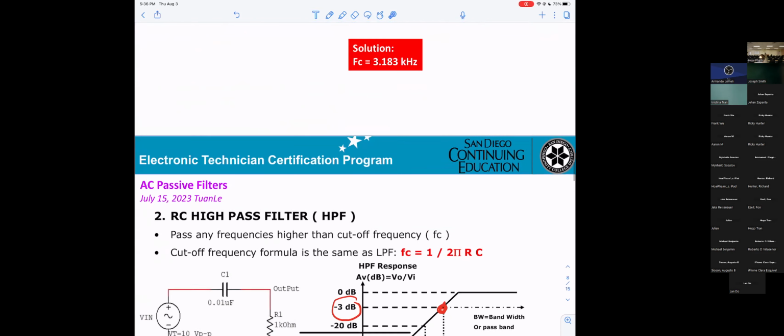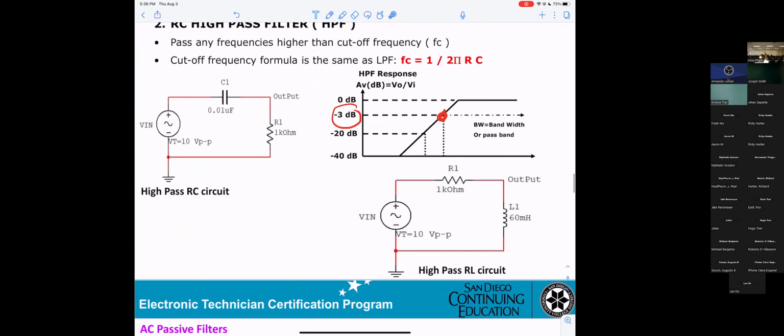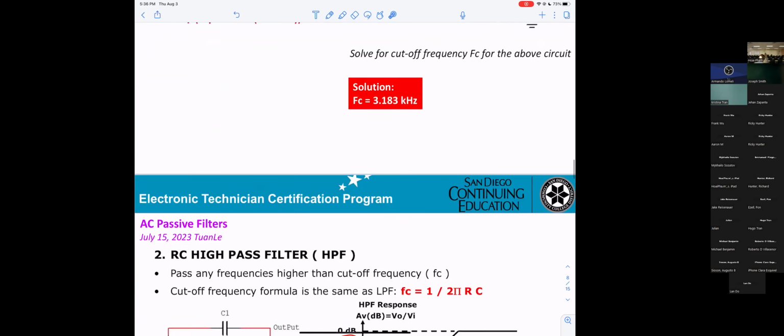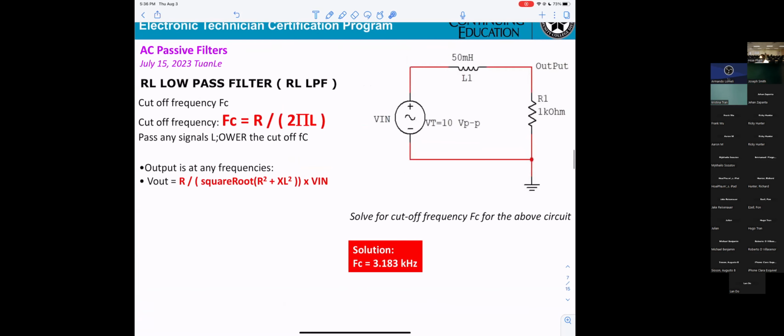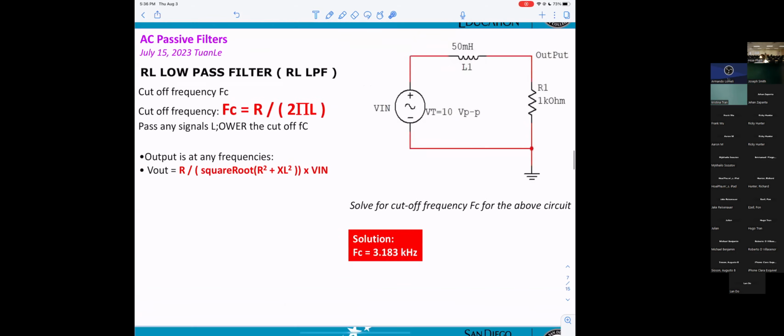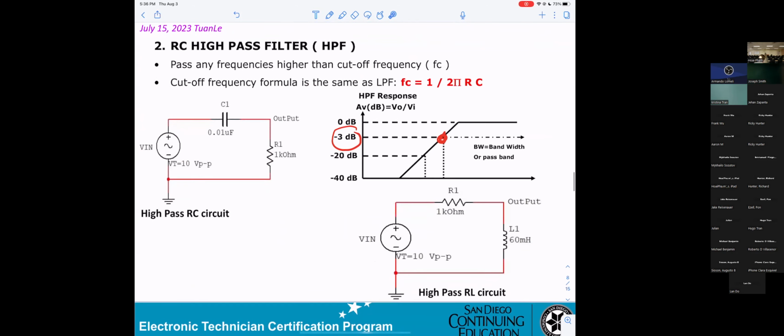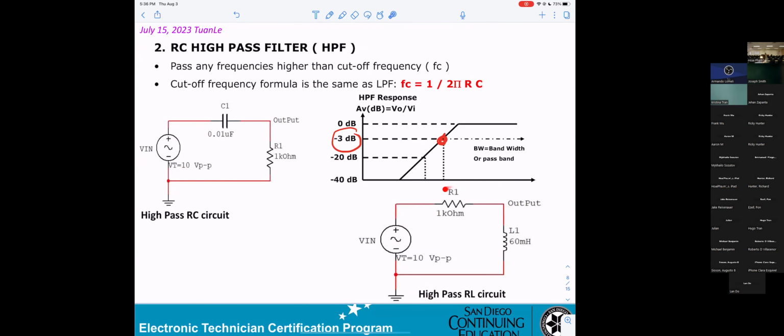Okay, this is wrong. This is L here, low pass. And this is high pass, they're opposite.